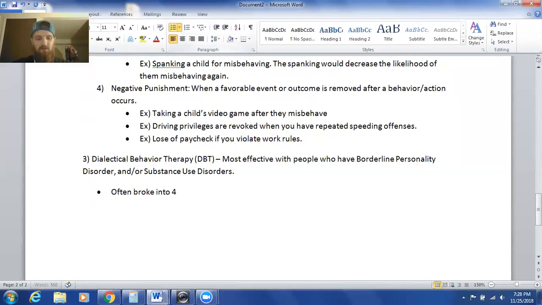And this is often broken into 4 different treatment categories, the first one being mindfulness.